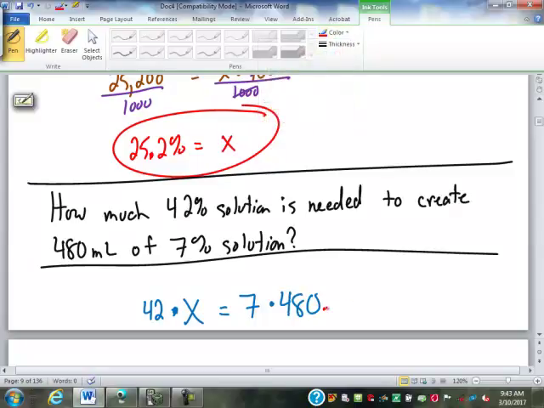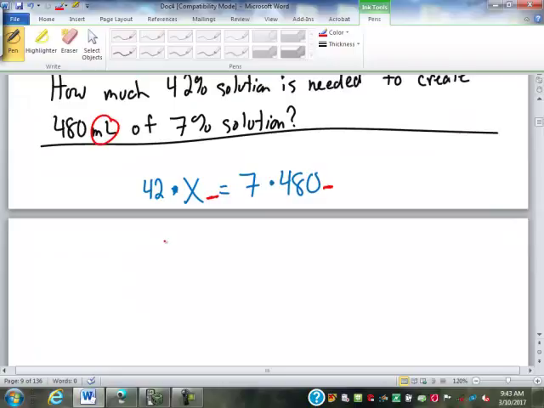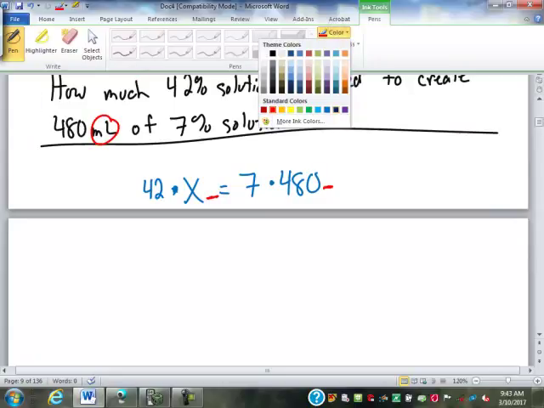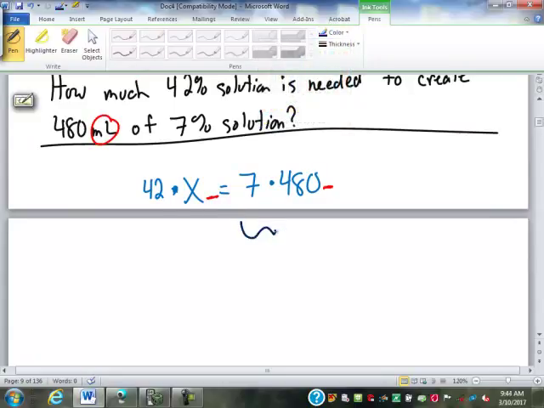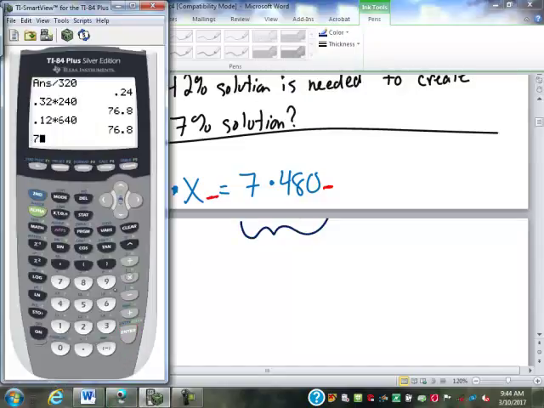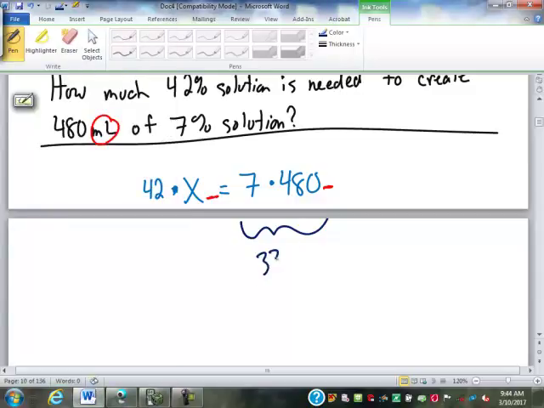Now, I haven't been putting the units in here. It doesn't matter as long as the units on the right side are the same as the units on the left side. So both of those are going to be in milliliters. So to solve this, we would simply do 7 times 480, which is 3,360.